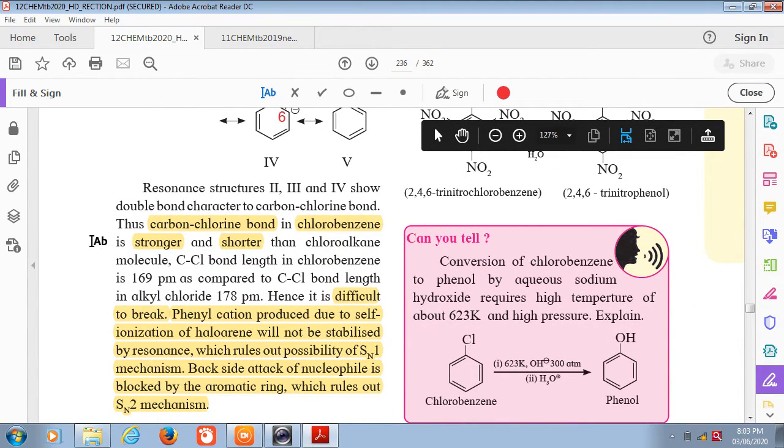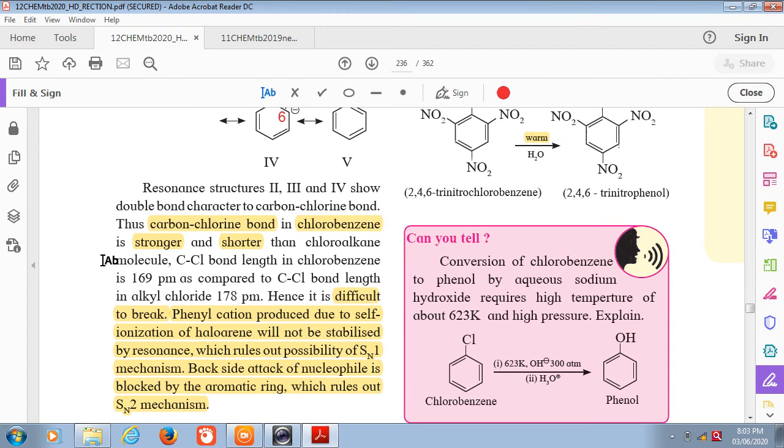One more reason is that the carbon-chlorine bond in chlorobenzene is stronger and shorter than in chloroalkane. The C-Cl bond in chlorobenzene is 169 picometer as compared to the carbon-chlorine bond length in alkyl chloride, which is 178 picometer.